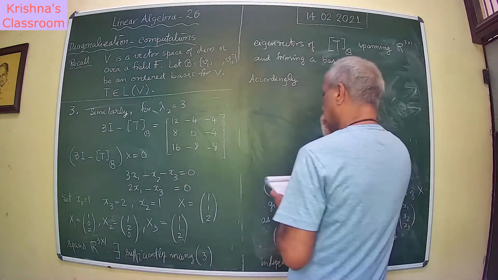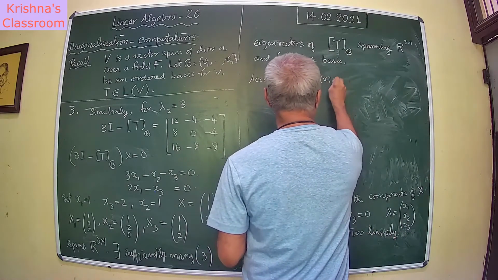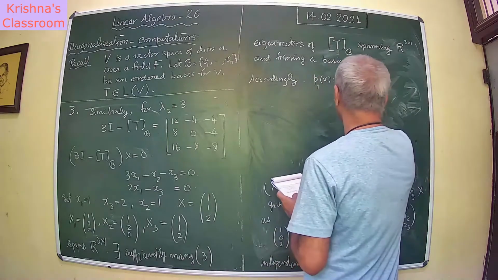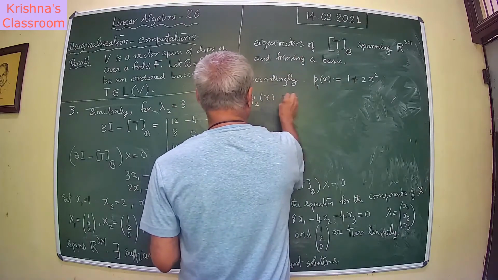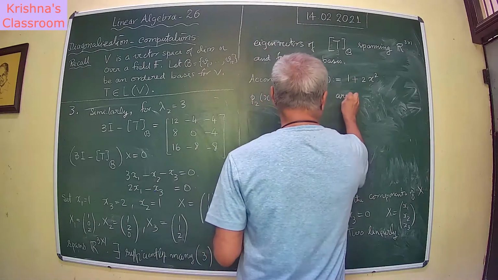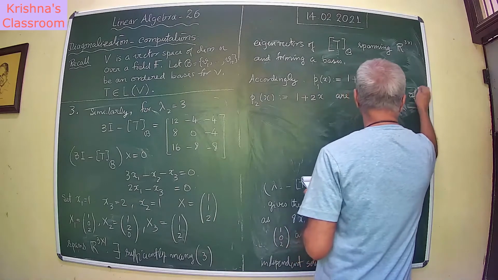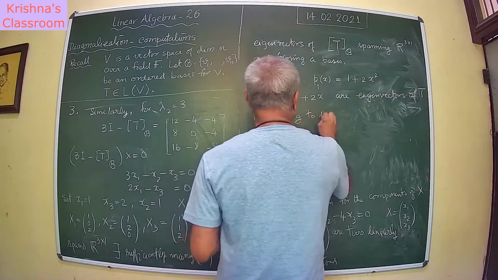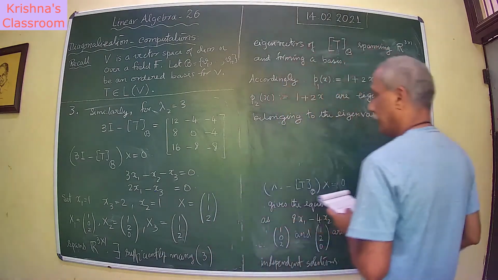The polynomial corresponding to x1 is 1 plus 2x squared, and the polynomial 1 plus 2x are eigenvectors belonging to the eigenvalue lambda equal to minus 1.